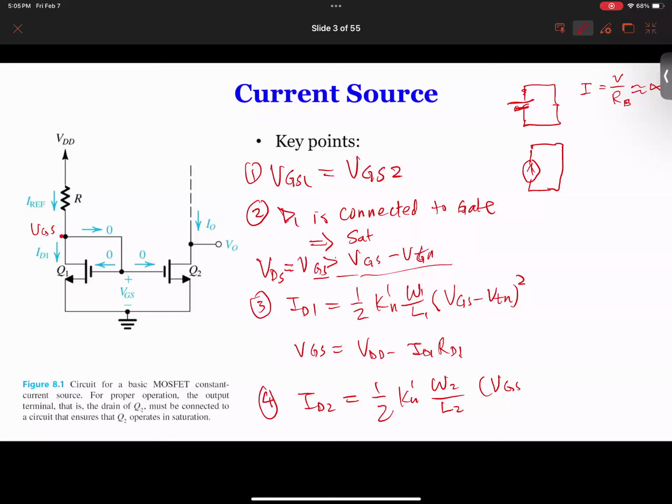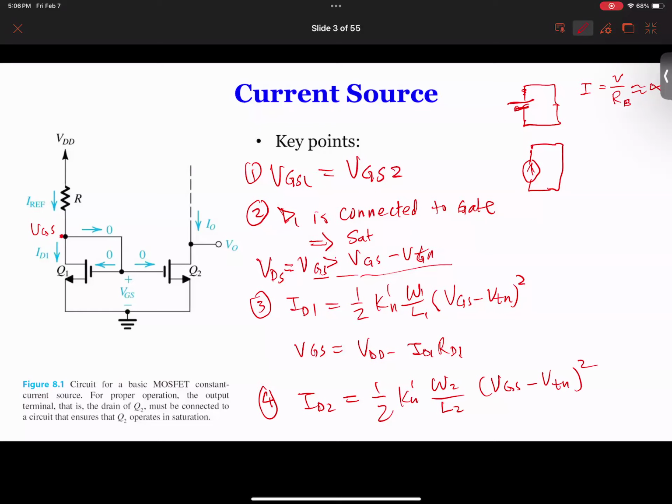Because VGS is going to be the same, and K is always the same, because they're made on the same wafer, so they have the same semiconductor properties. K is always the same, but they can make W different.